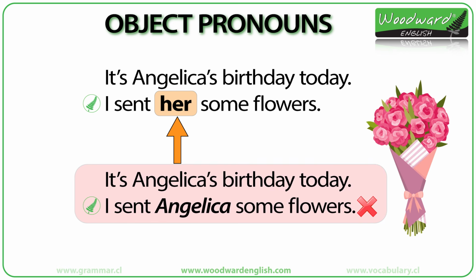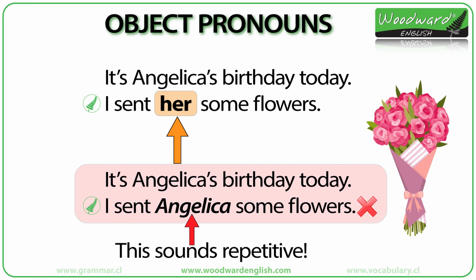But we don't repeat the name immediately if it has just been mentioned. It's Angelica's birthday today. I sent Angelica some flowers. This sounds repetitive. That is why we use object pronouns to avoid repetition.